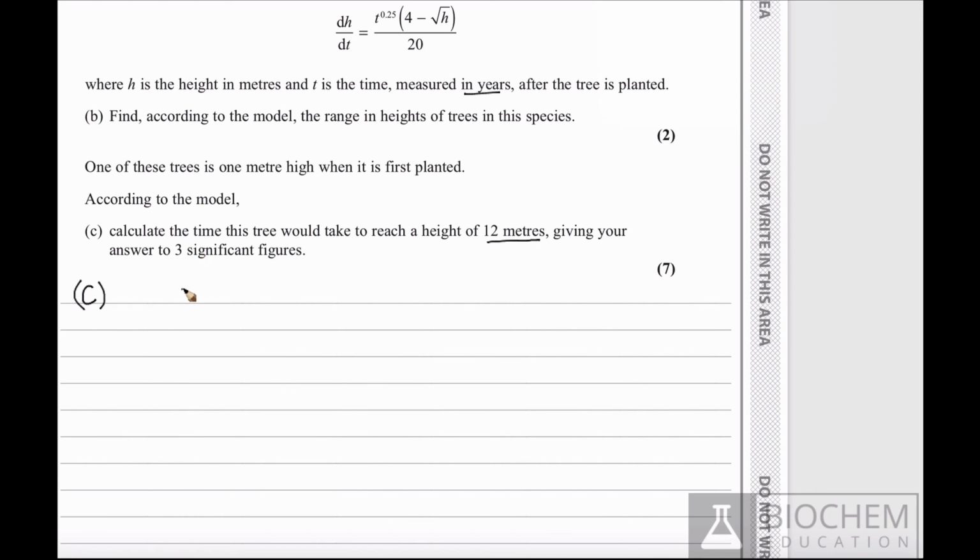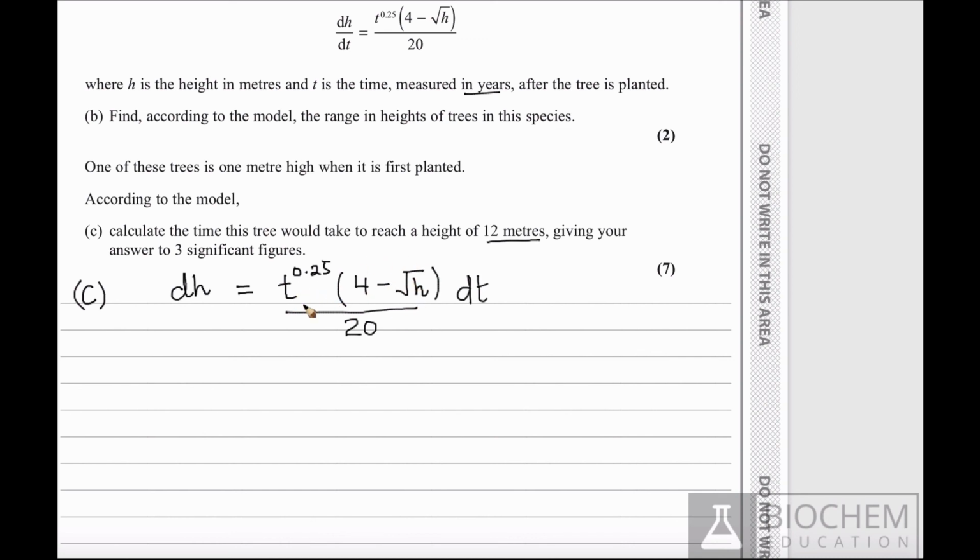So we can write this as dh equals t to the power of 0.25 times (4 minus square root of h) over 20 with respect to dt. I've multiplied the dt to the right hand side. Now I will bring this term in terms of h to the left hand side, and any t terms will be left on the right hand side.